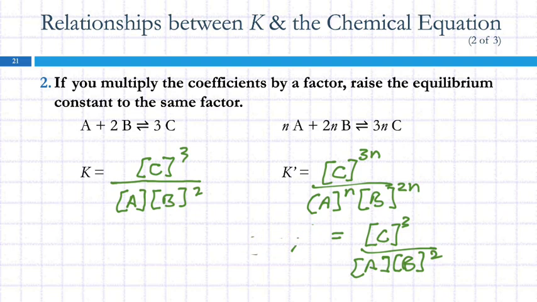So this is equal to not K prime to the n, but K to the n. Yeah. So then K prime equals K to the n. Thanks for pointing that out. That was not right. Any questions?